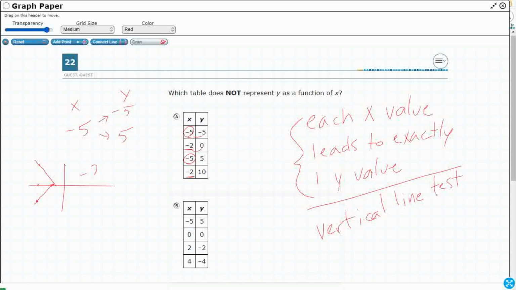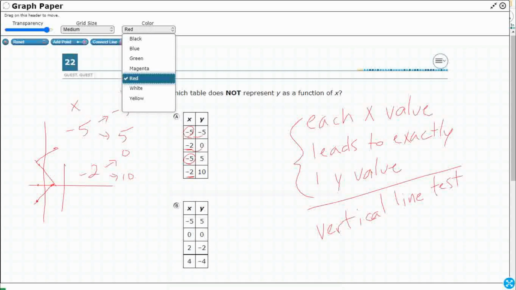So my -2 is going to go to 0 and 10. So there's my 0, and then there's my 10. So it looks like a zigzag. So when I draw my vertical line, look, it's hitting it at least 4 different times. So A definitely is not a function, because each x value does not lead to exactly one y value.